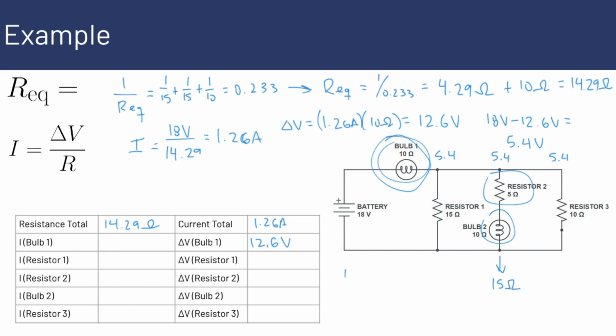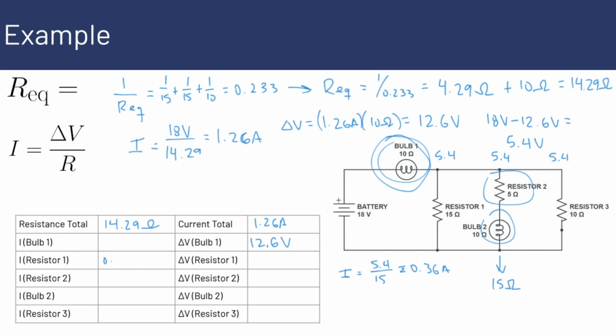So now we can determine the current across each branch. Current is voltage divided by resistance. For the first branch, we have 5.4 divided by 15, which gives us a current of 0.36 amps. So that's going to be the current at resistor 1.